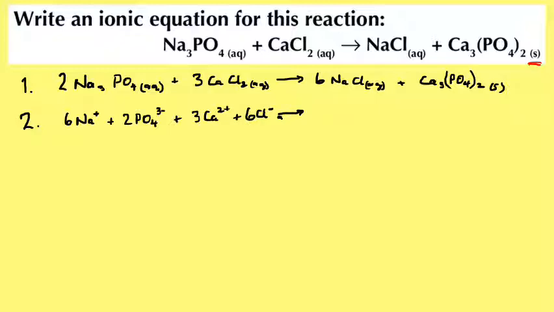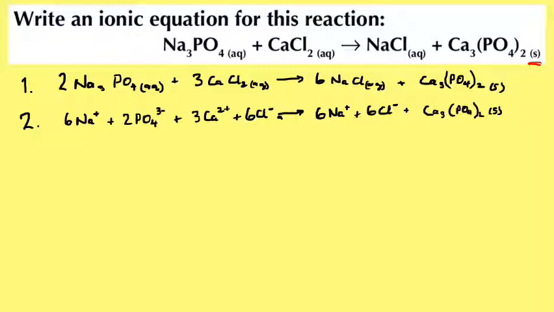Okay, and on the right hand side we have an aqueous solution of sodium chloride, so we have 6 sodium 1 plus ions, 6 chloride ions. And we're not going to split the calcium phosphate up, so that stays written as it is, because that's a solid. It stays like that. Okay, so that was our second step.